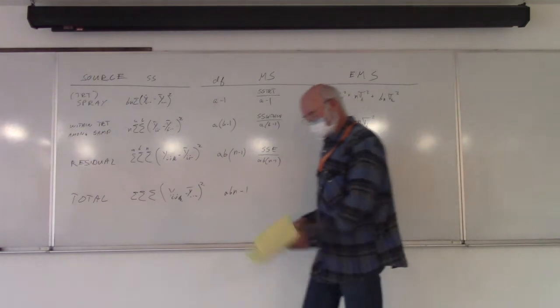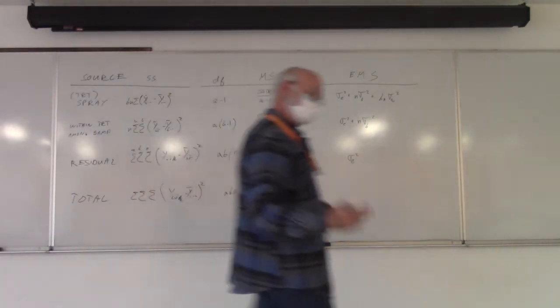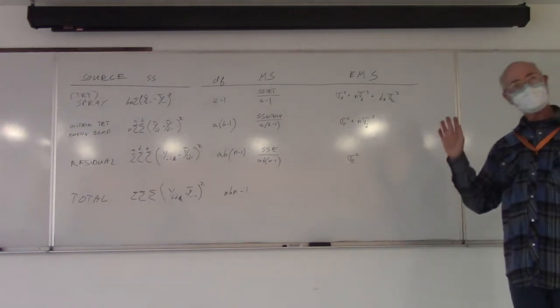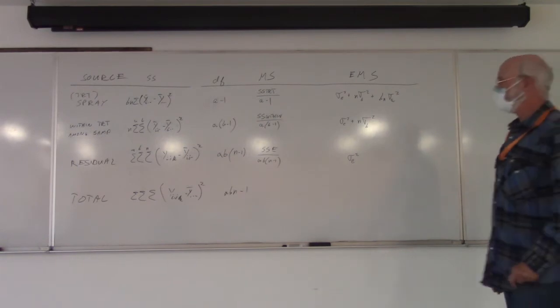So now the question is, what's the F-test? And this is where some kid who just learned how to plug in the numbers is going to fall on his face. Grad students have gone to their defenses and said, I did a nested analysis of variance, and this is what I did.